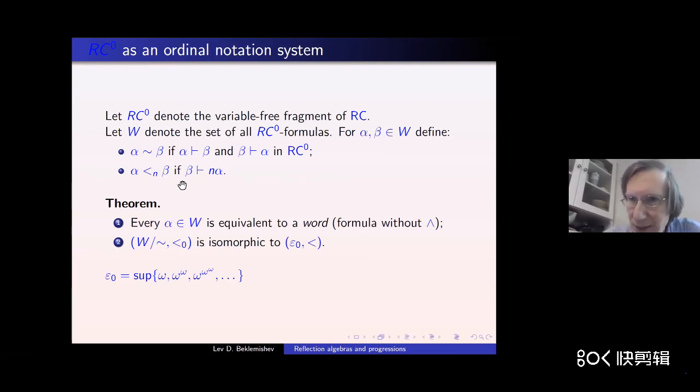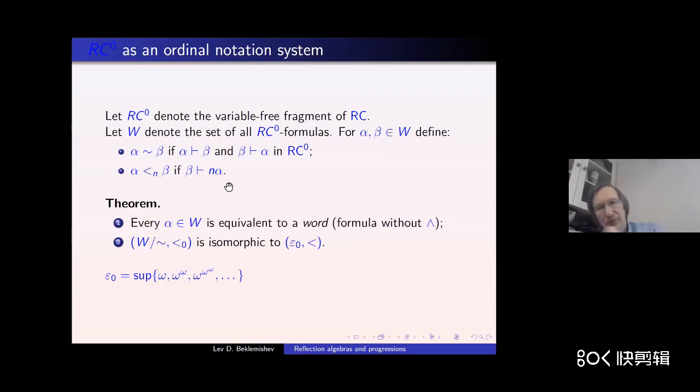define yet another natural ordering, namely the ordering beta implies n reflection of alpha. So if alpha and beta were theories, we would say here that beta proves n reflection of alpha, which in proof theory is usually interpreted as saying that beta is n-stronger than alpha.